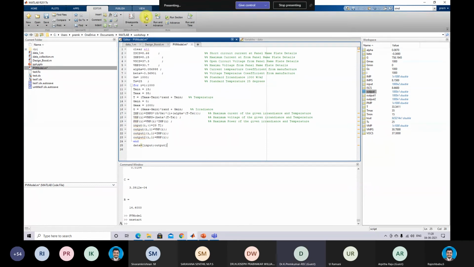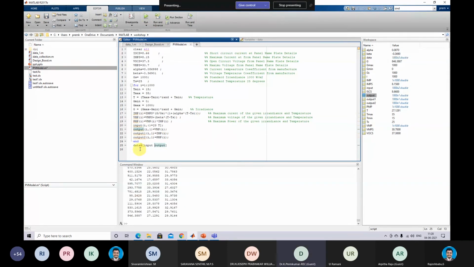Next I'm going to execute the same program. Yeah. So this is the final data we are getting for ANFIS.